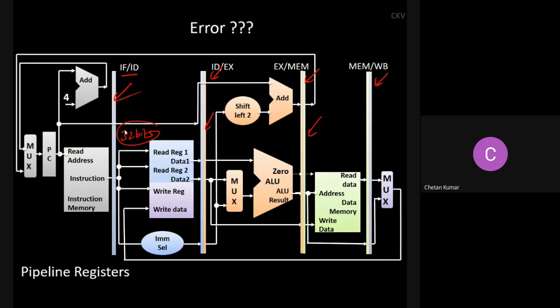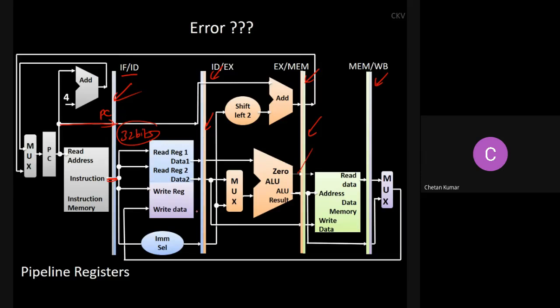See, you have to see what is happening. Through this register, you are sending not just the instruction code, you are also sending the PC, because that is required for your PC plus X calculation. Your condition will be evaluated here, and based on that, you might have to choose PC plus X. So I'll be sending 64 bits here.